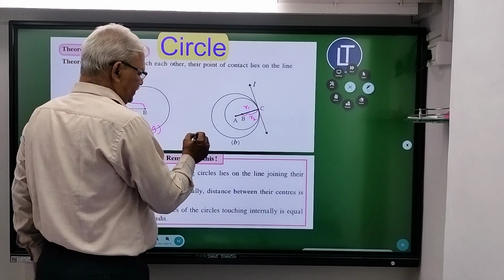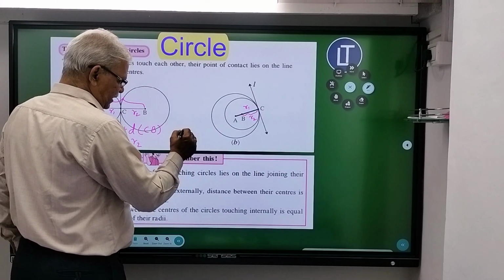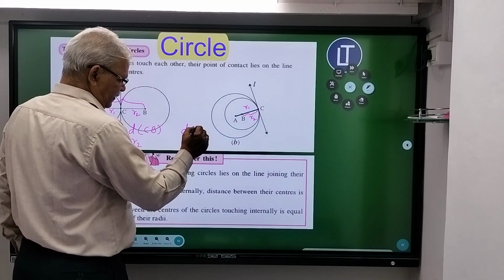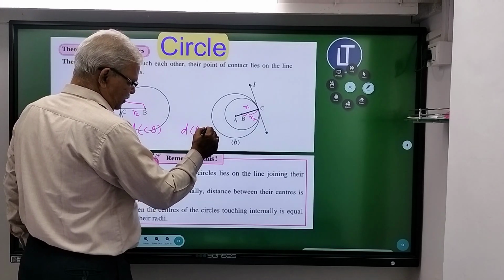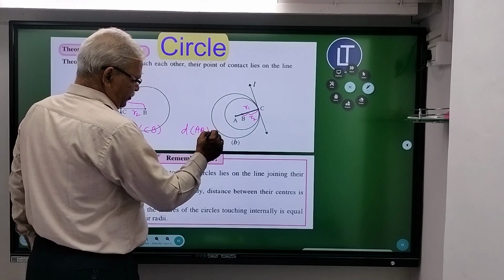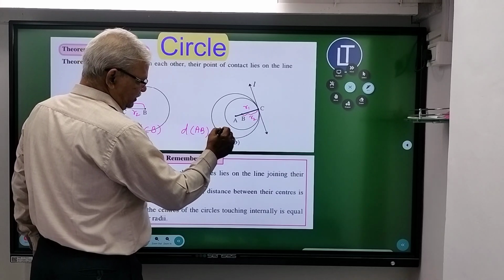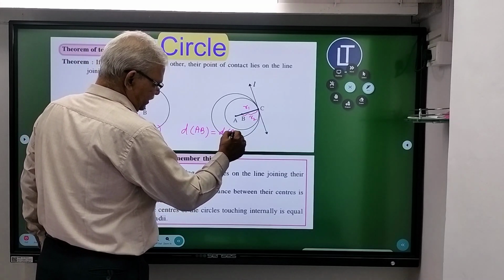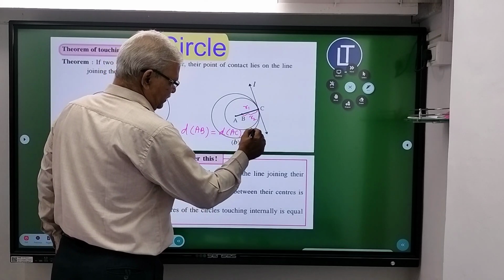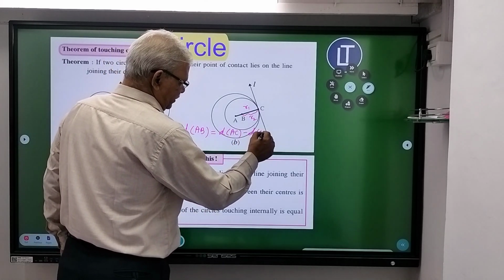Then distance AB in this case will be distance AC minus distance BC.